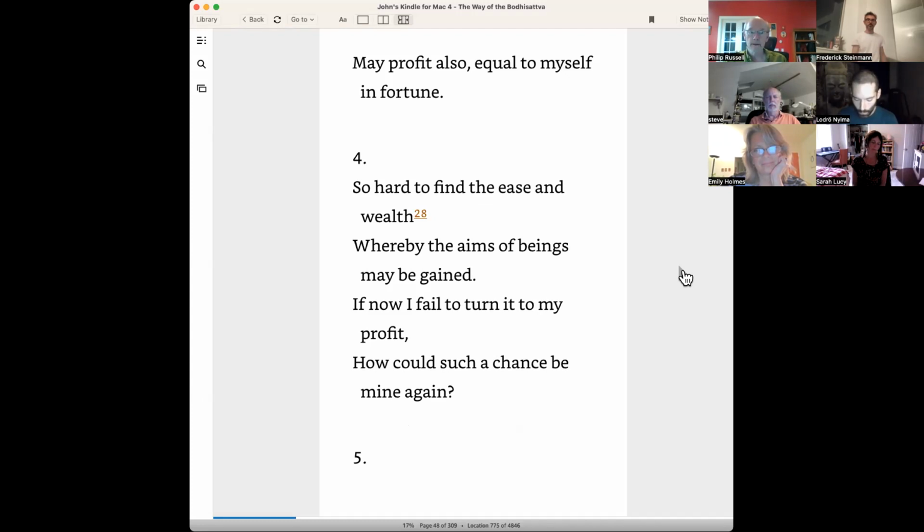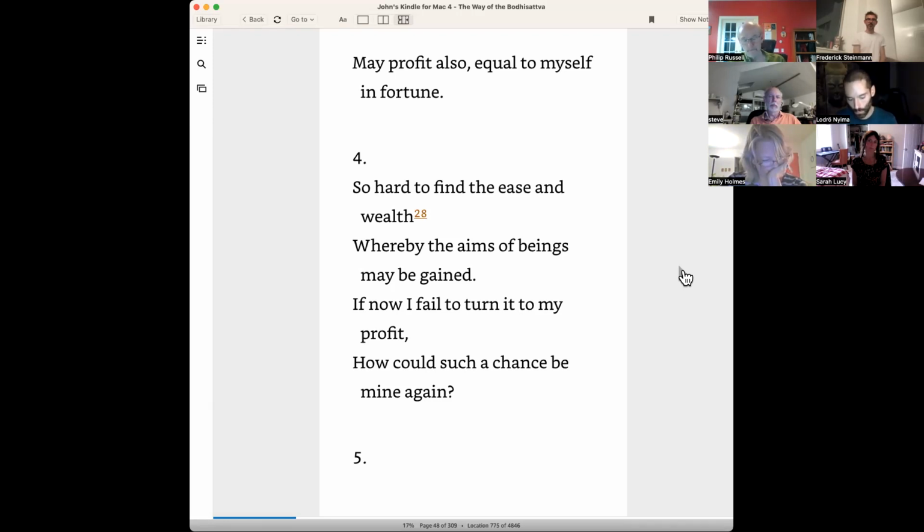The ease and wealth, I'm just reading from the footnote, for those of you who haven't. In order to progress toward enlightenment, it is necessary to possess 8 forms of ease or freedom and 10 forms of wealth or endowment.